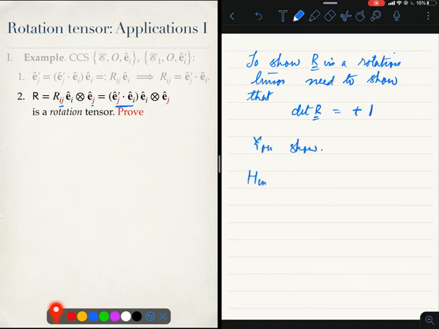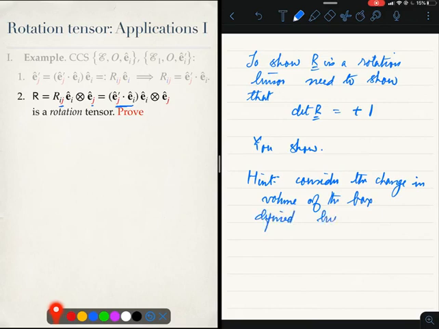And here is a hint: consider the change in volume of the box defined by Ei, right?